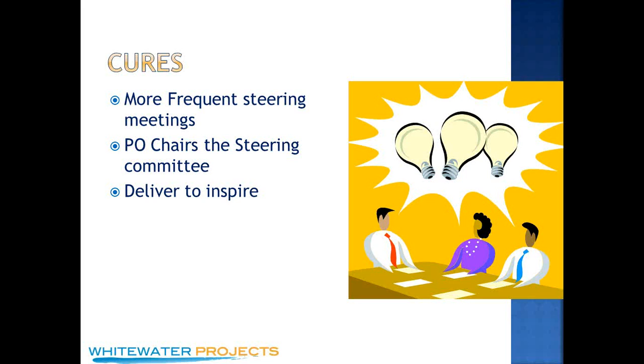That product owner doesn't feel they have the strength politically within the organization to make those decisions, and therefore they have to go get feedback from other people, right? They're having to get that input from this product owner committee. Those are the two key symptoms.